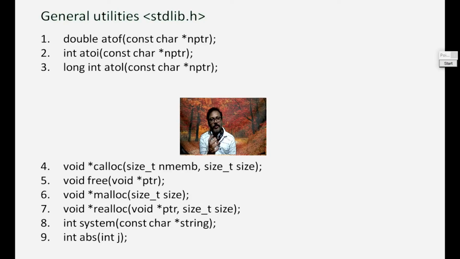Depending on the requirement, we will be converting. Also the memory-related things, we will discuss more in pointers. You can allocate the memory, release the memory, and have control over the memory.